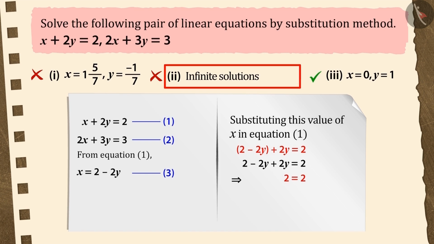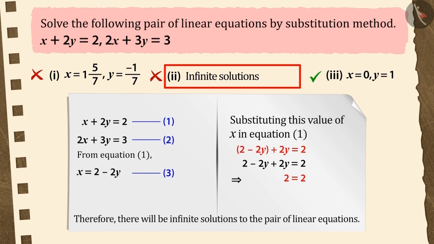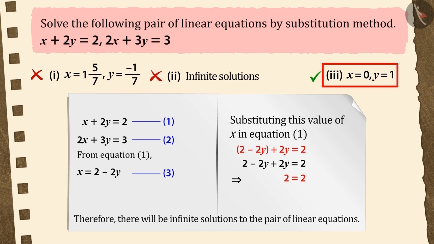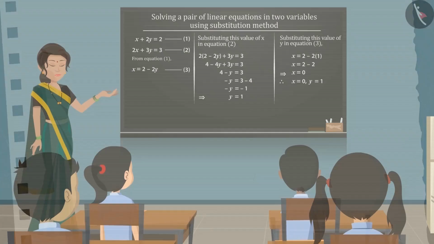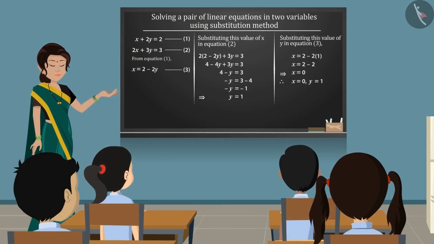That indicates that the pair of linear equations has infinite solutions, which is why your answer is wrong. I hope you've understood why option 3 is correct and all the other options are wrong. Teachers can test their students' understanding in the class by using such examples.